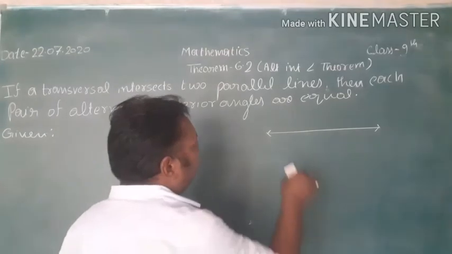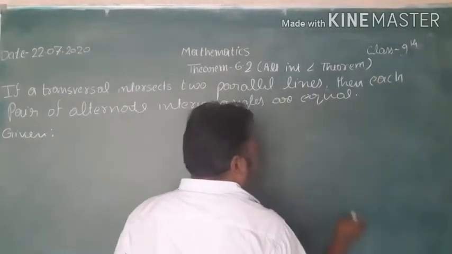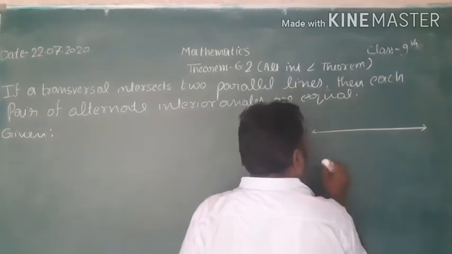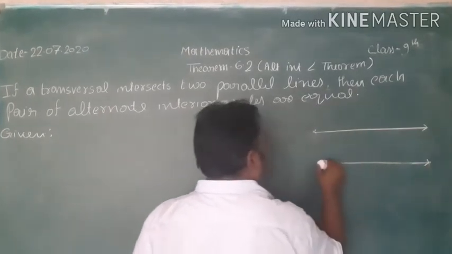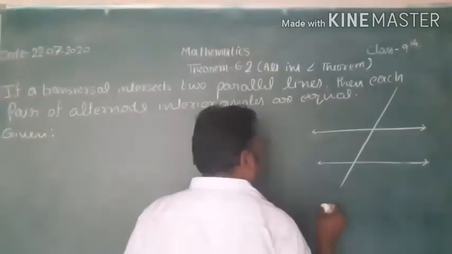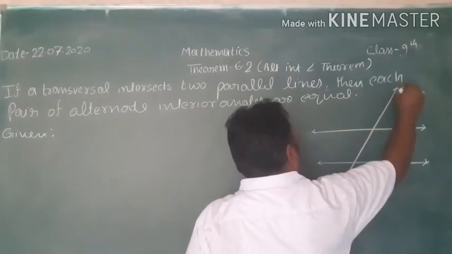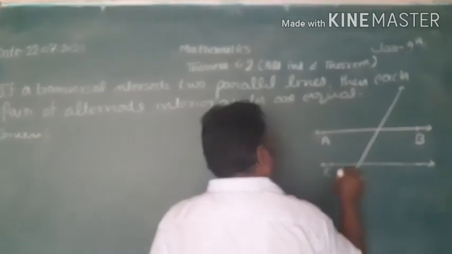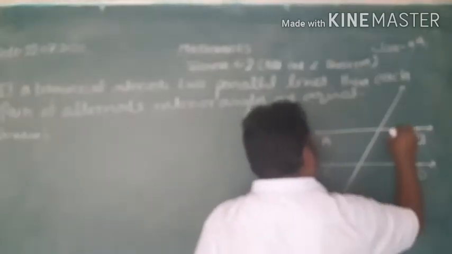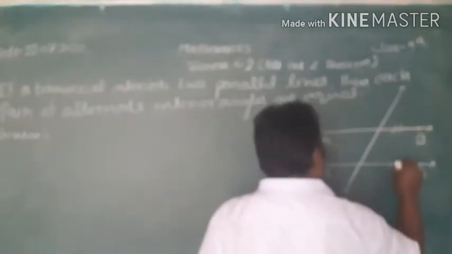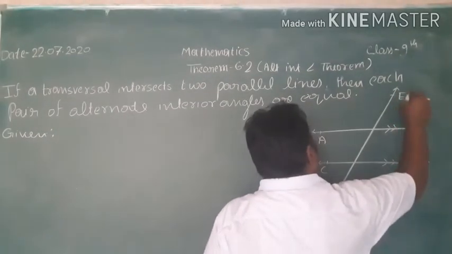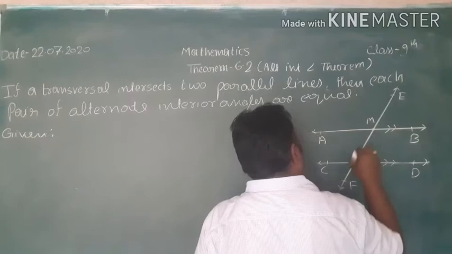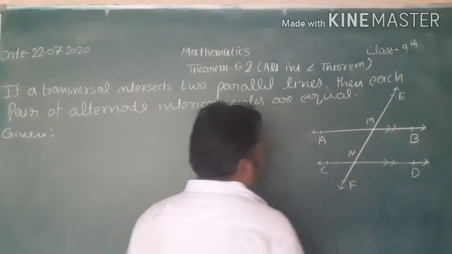Draw two lines and a transversal which intersects these two lines. AB is the first line and CD is the second line. Both lines are parallel to each other, and the transversal is EF.